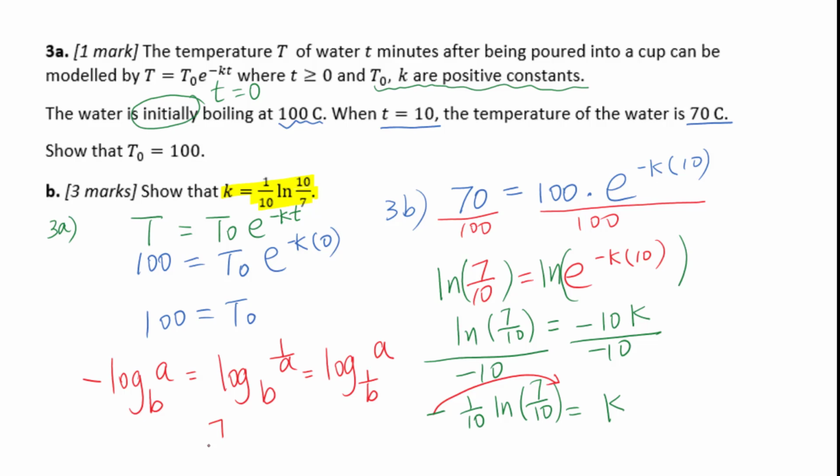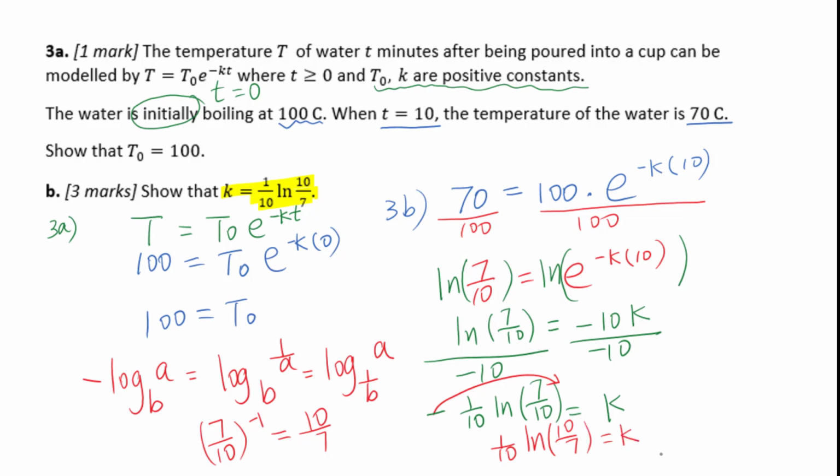For 7 over 10, do the negative first power, that is 10 over 7. Therefore, 1 over 10 times natural log of 10 over 7 equals k.